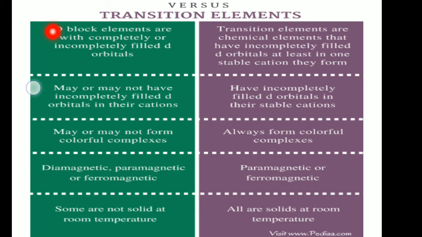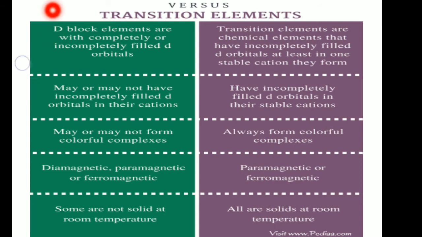But transition elements are elements that have incompletely filled d orbitals, at least in one stable cation they form. That means in atomic state or ionic state, d block elements which have incompletely filled d orbitals are called transition elements.